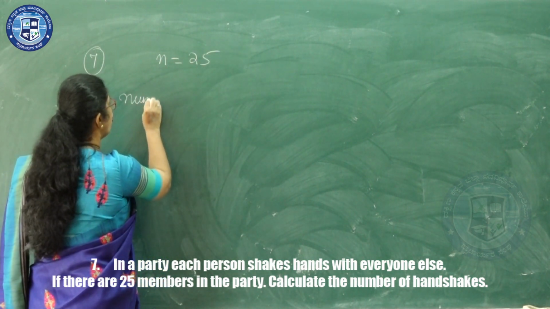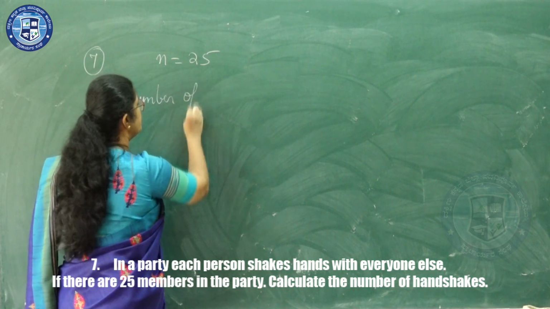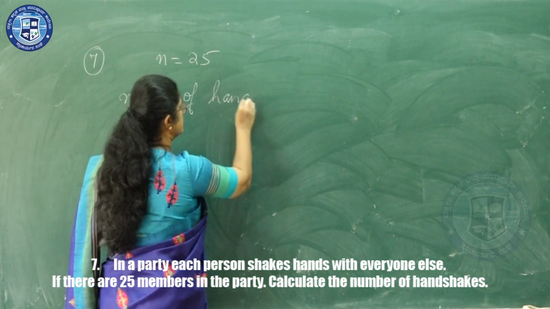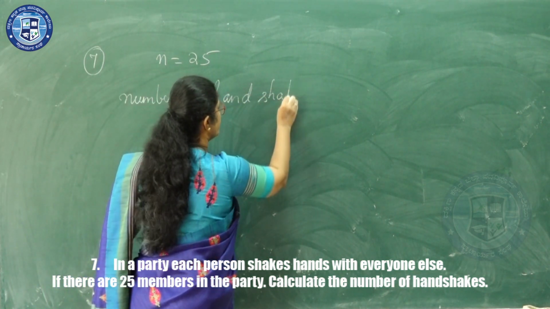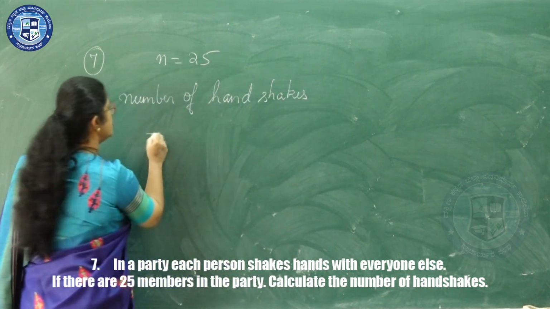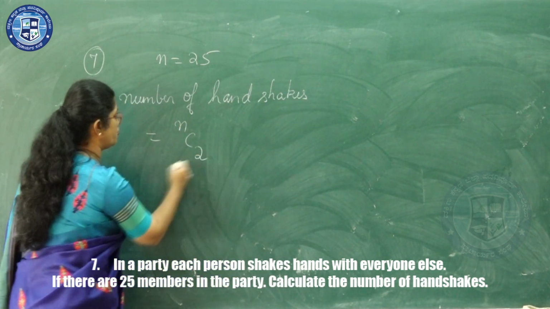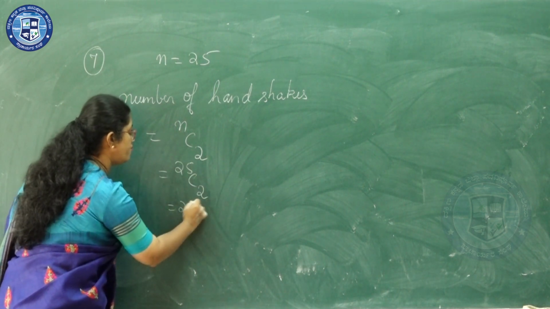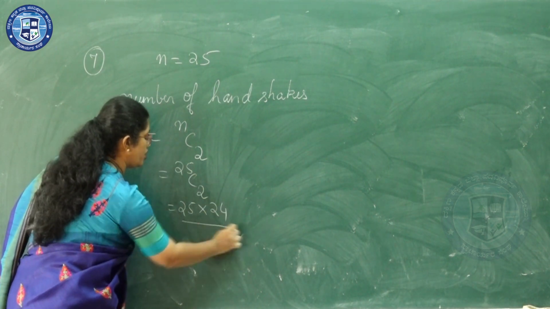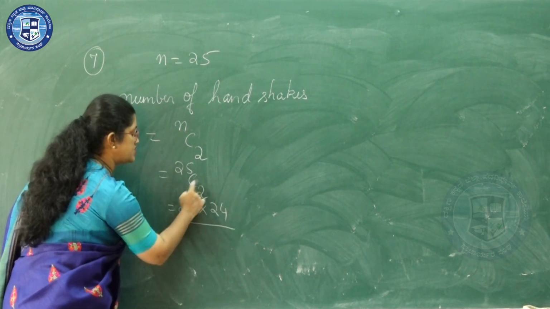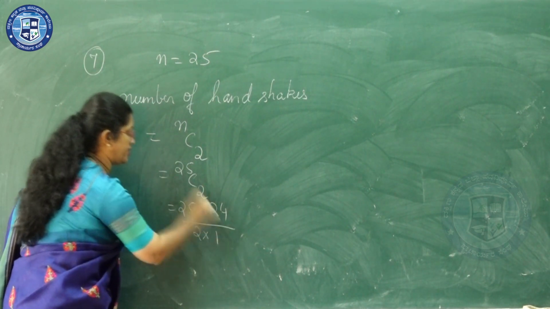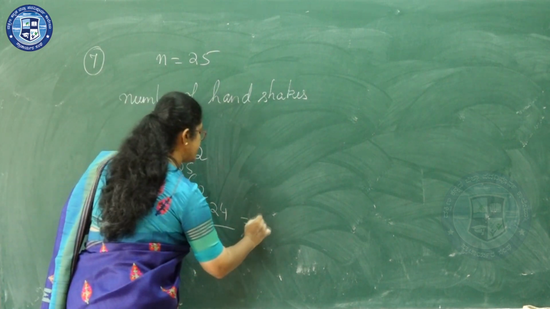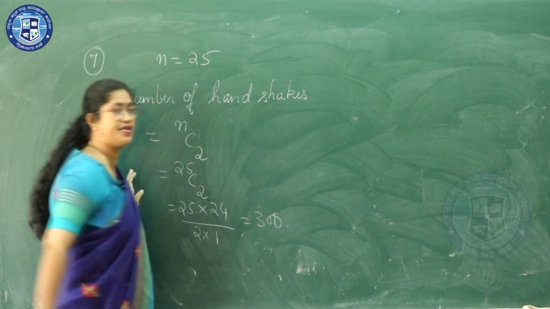So the total number of handshakes is equal to nC2, that is 25C2, 25 into 24, starting from 25, 2 numbers divided by 2 factorial. And this will give us 300.